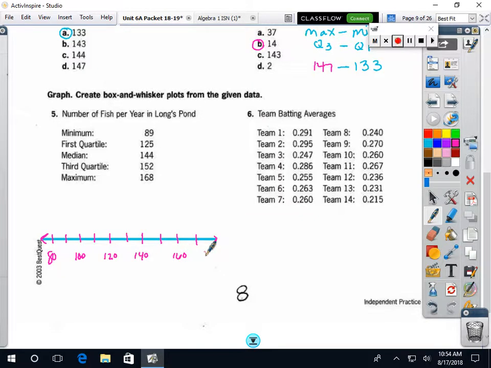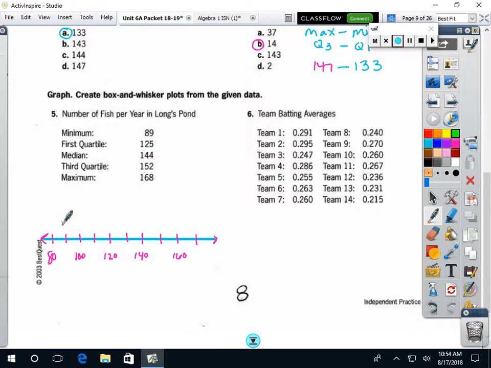So the scale is from 80 to 170 so that it will include all of our numbers, and the intervals are by tens. We're going by tens, but we just wrote every other value. The minimum and the maximum make up our whiskers, and they are constructed by just a point. So my first point would be at 89. Well, this is 80, so that's 90.